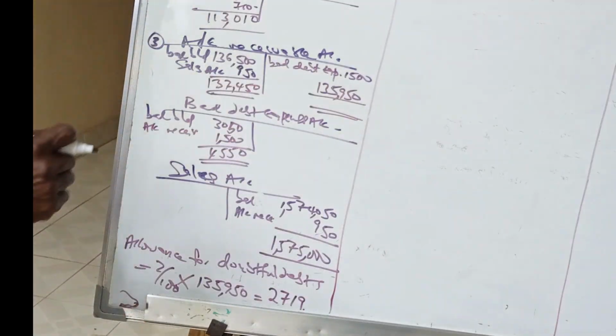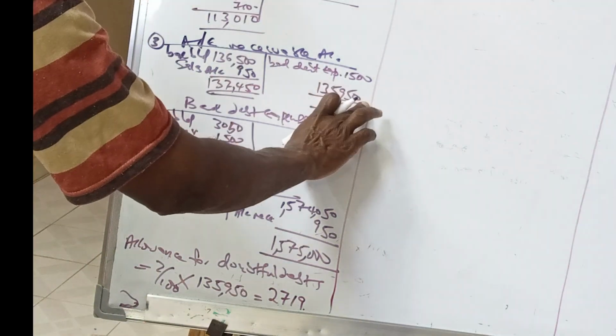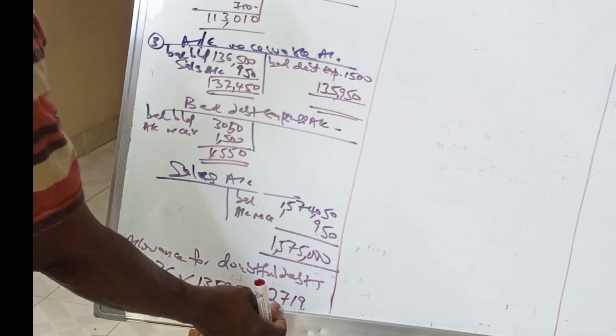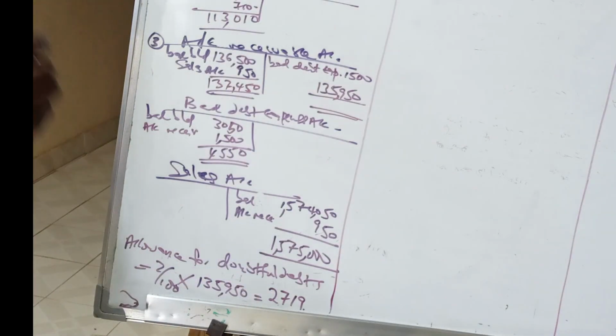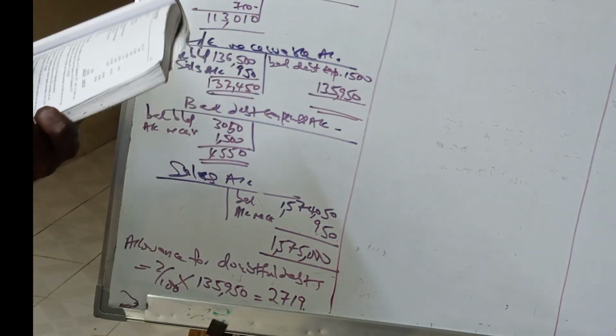In our balance sheet, we will capture this figure of 135,950 and then we subtract 2,719 to get the net debtors, which will be captured as our current asset.